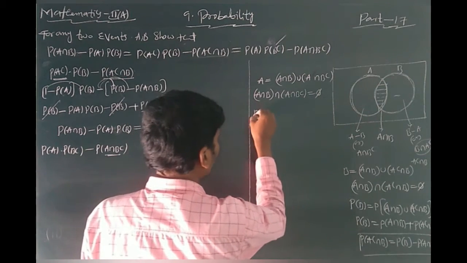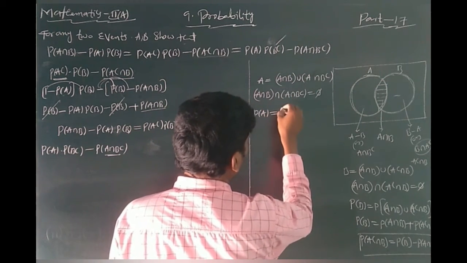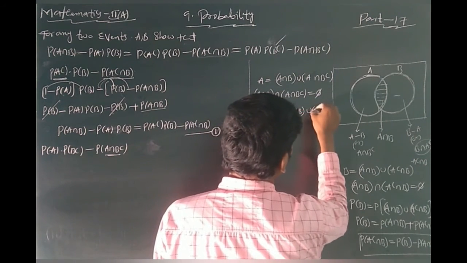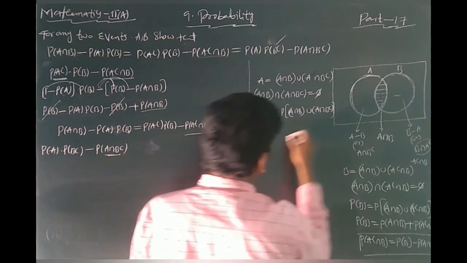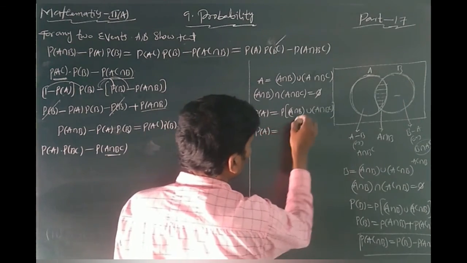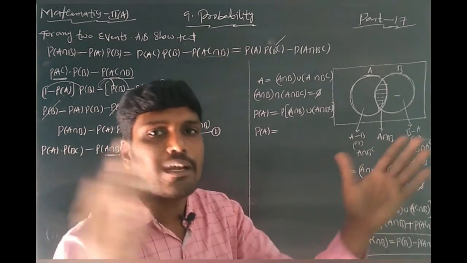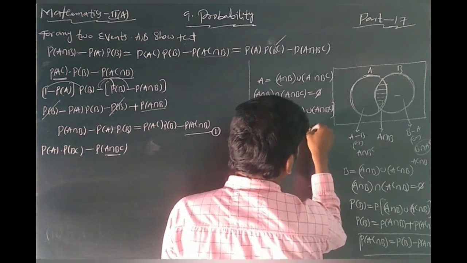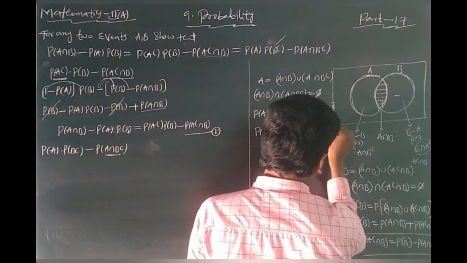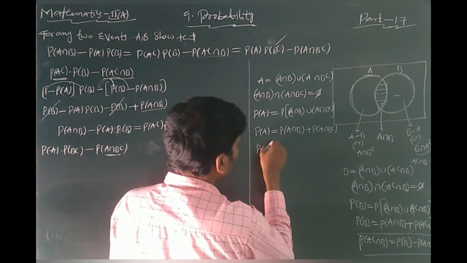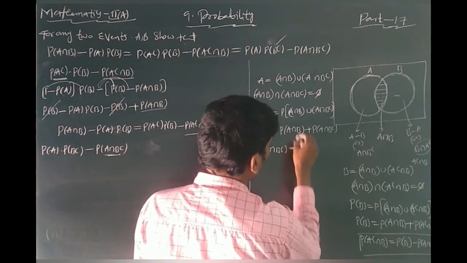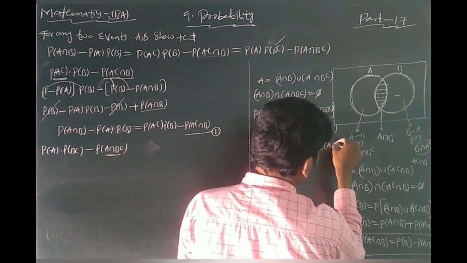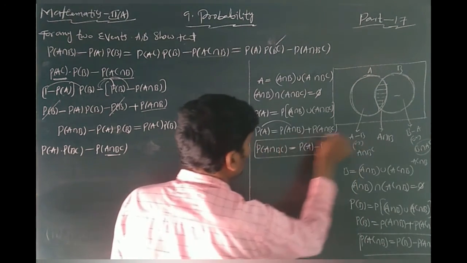That's why by the union axiom P of A equals P of A intersection B plus P of A intersection B complement. You can find P of A intersection B complement equal to P of A minus P of A intersection B. This is a very important point.